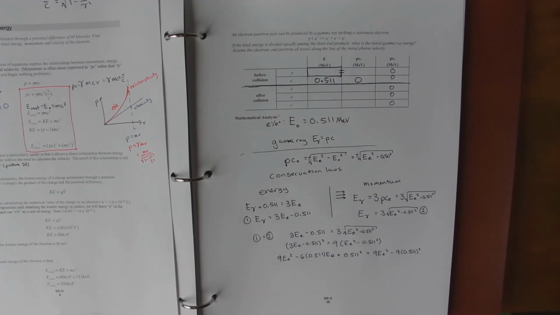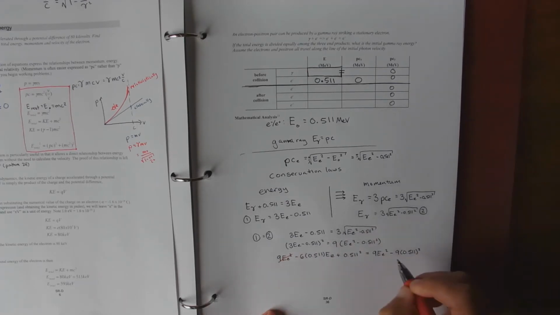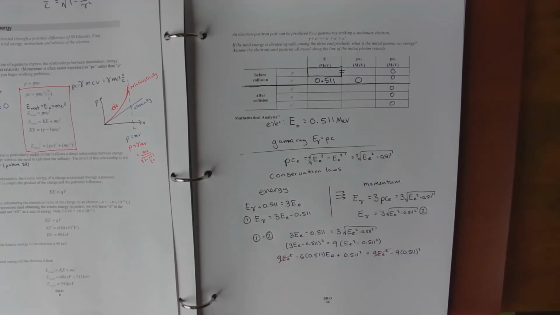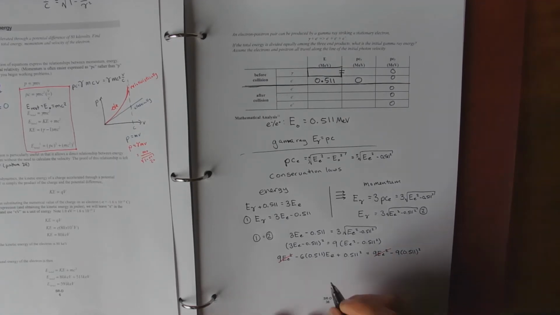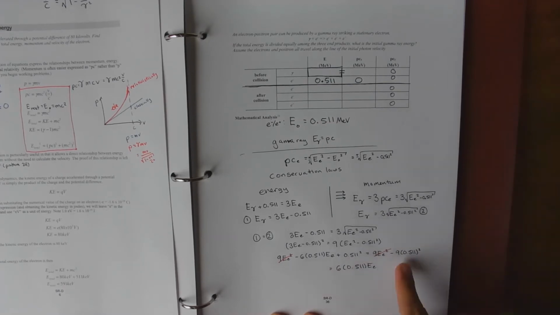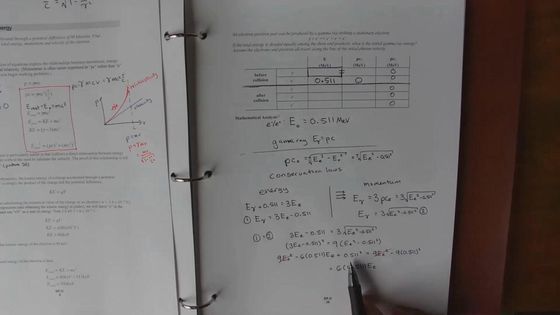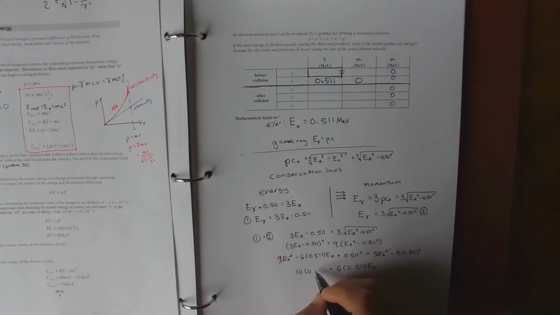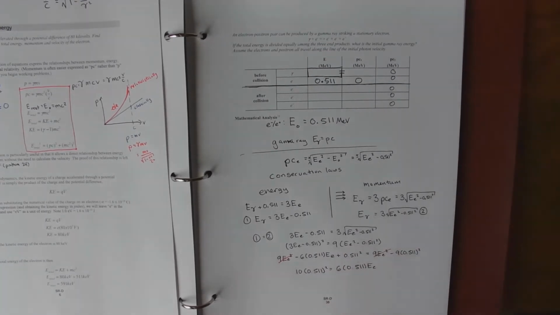Okay, then I have, oh, look at this. This and this cancel, so now it's not going to be too hard to finish this by hand. If I bring this over to the other side, it will be positive, so this is 6 times 0.511 times the total energy, and then if I bring this over to the other side, it would be plus 10 times 0.511 squared, and this is plus 0.511 squared, so this would be 10 times 0.511 squared.